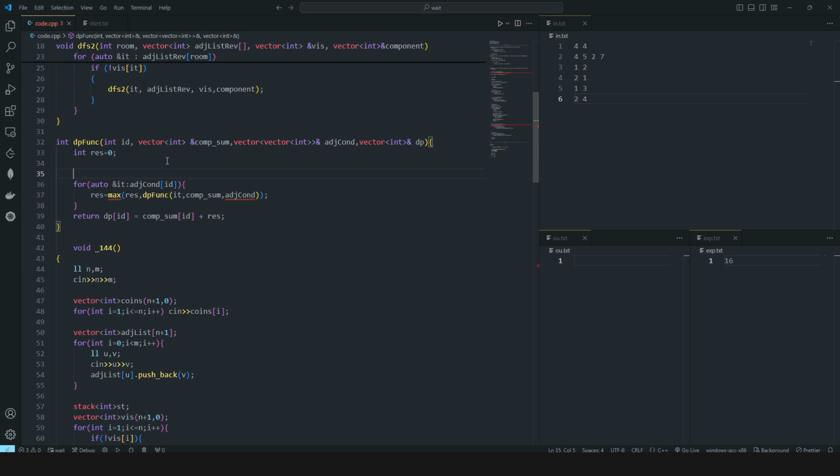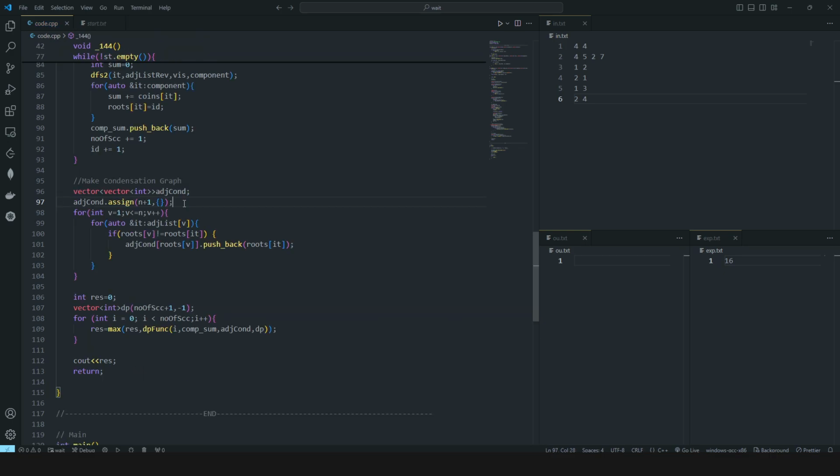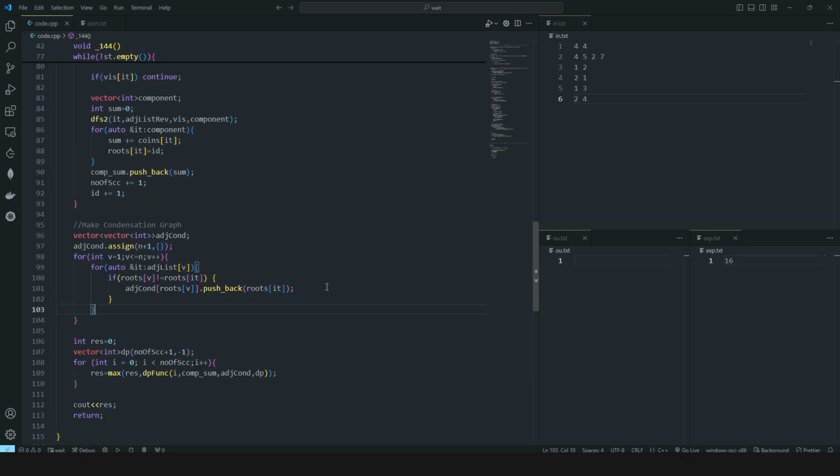And just before computing, I will check if this DP of ID is already visited or not, that is if it is not equal to -1, I will simply return this DP of ID. And let me pass this DP here also. Instead of assigning the size for this condensed adjacency list directly here, I assigned it like this. So now I think I have written the complete code.